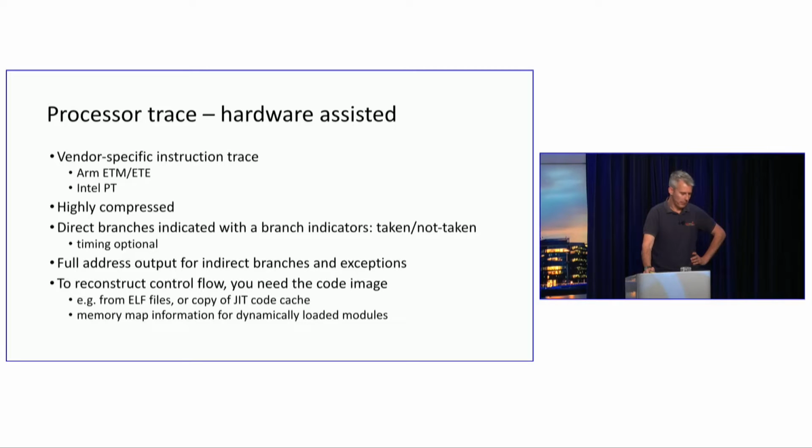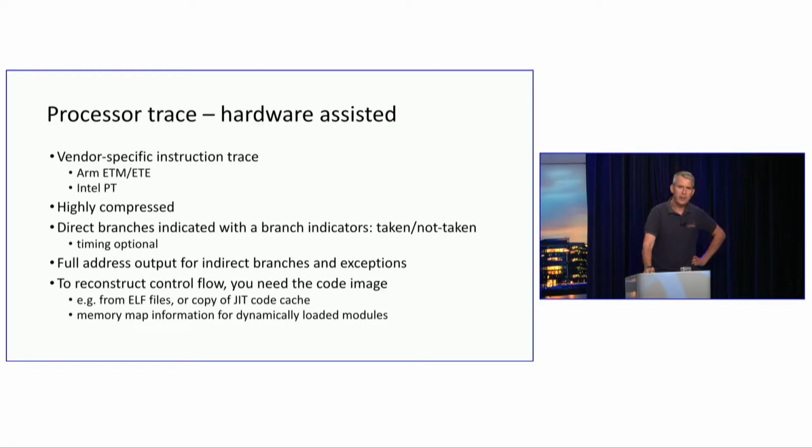It's basically trying to minimize the bandwidth of the trace coming out of the core. So you will indicate each branch direction with a single bit, if the decoder can be assumed to have access to the original code, and then reconstruct the way that the control flow was flowing.